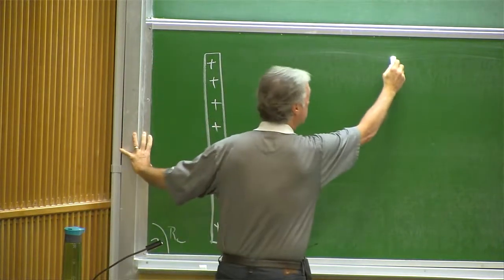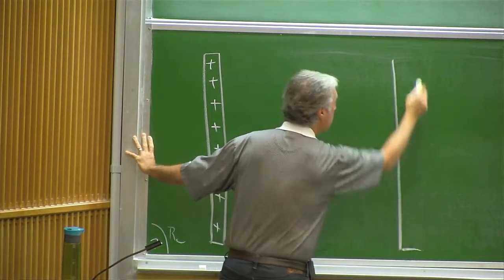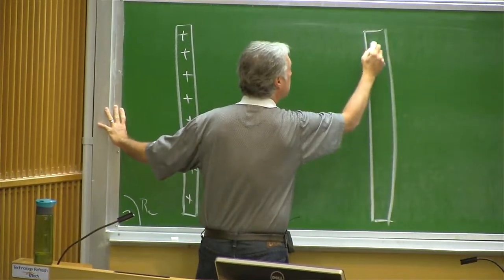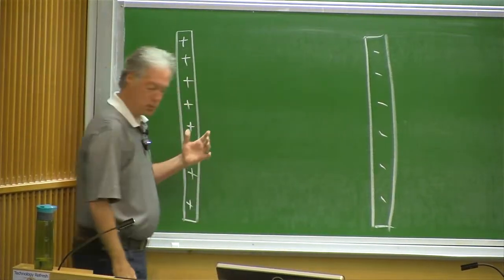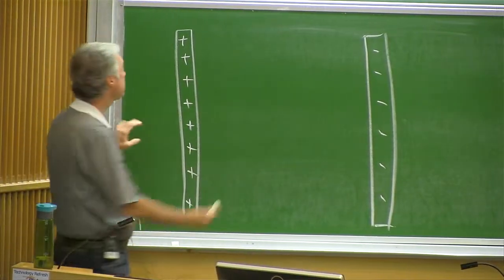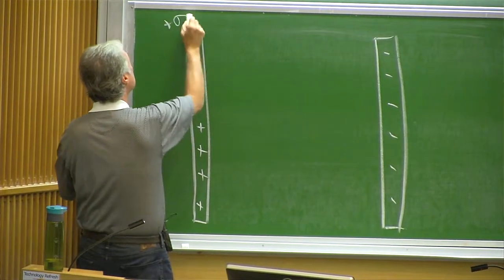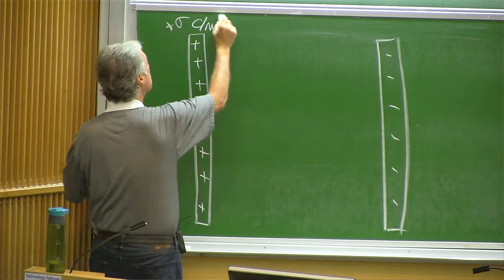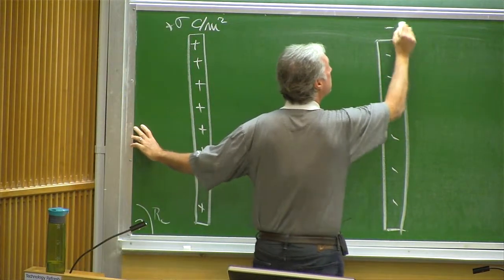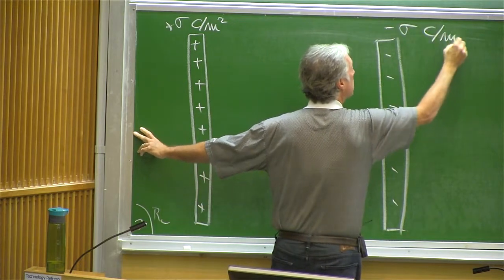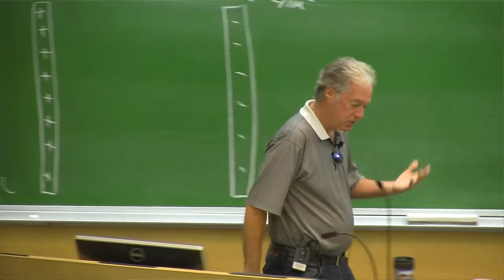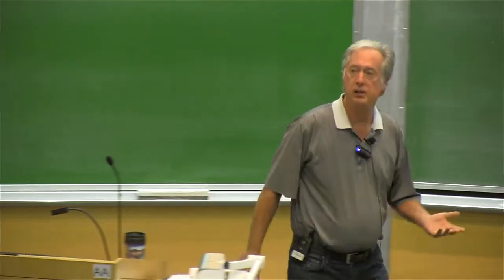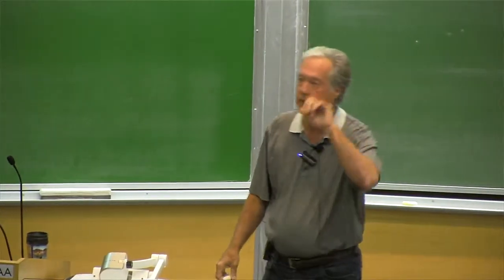And I'm going to put them a fair bit of ways in separation, but I'm putting on one of them a plus sigma coulombs per square meter, and on the other one a minus sigma coulombs per square meter. So we start to think about, well, this is electric that we're talking about. Let's draw some electric field lines.